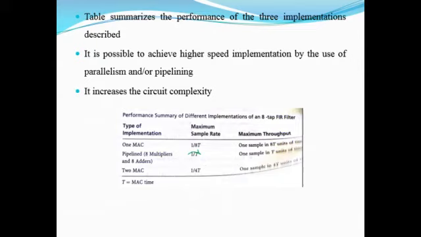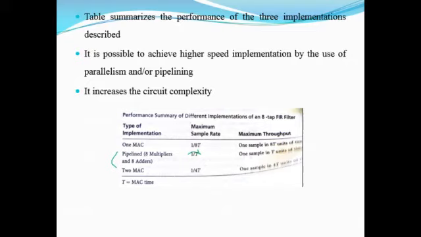Whenever we look into the implementation of this filter, the pipelined operation which uses 8 MAC units and the parallel operation which uses 2 MAC units are better compared to the 1 MAC unit implementation. But when we look into the complexity in design, the pipeline complexity is very high compared to the 1 MAC unit and 2 MAC unit implementation.